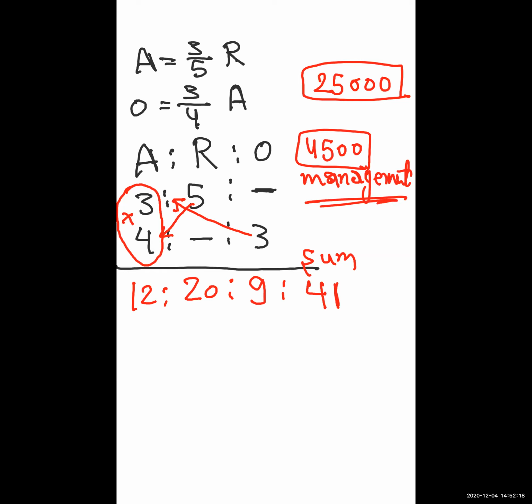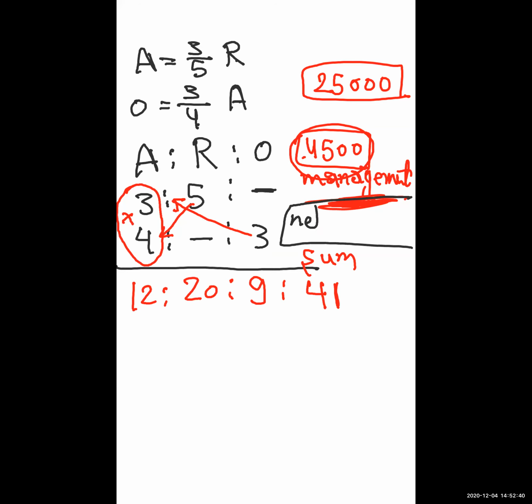So we have to deduct this amount from the total profit, because Amir will take 4,500 for management and then the remaining amount we are going to distribute, right? So the net profit, I will add it here in this part.